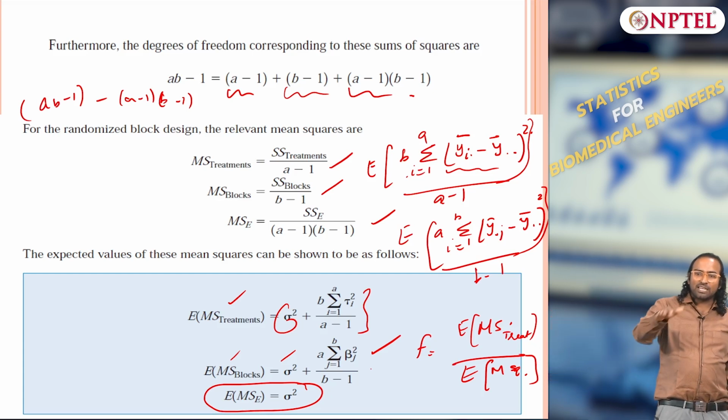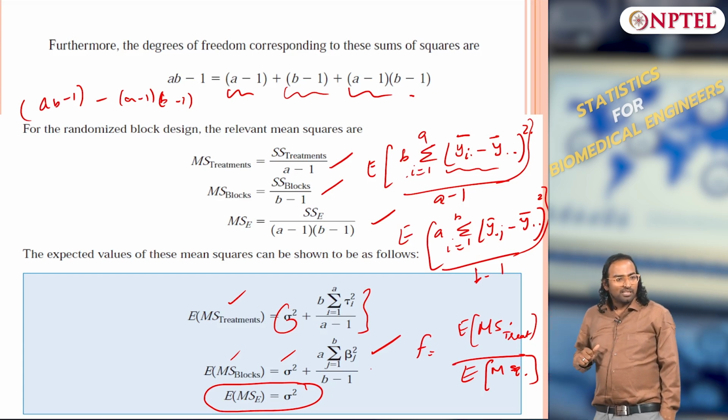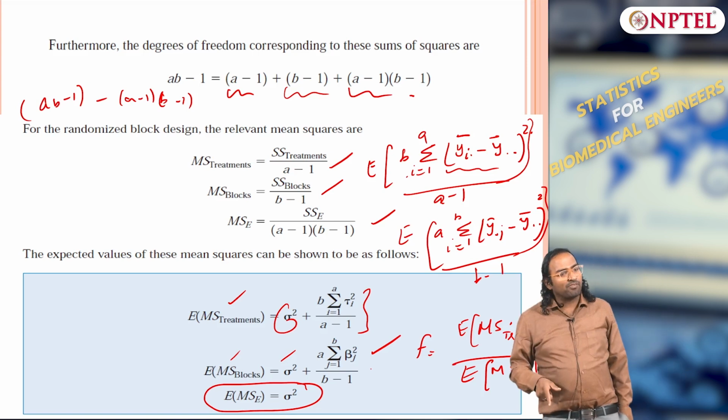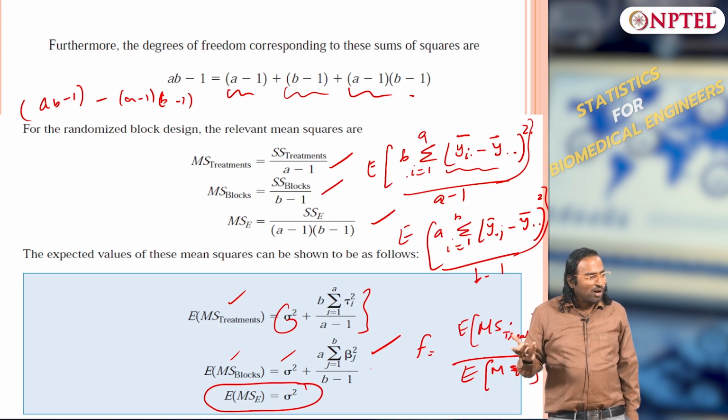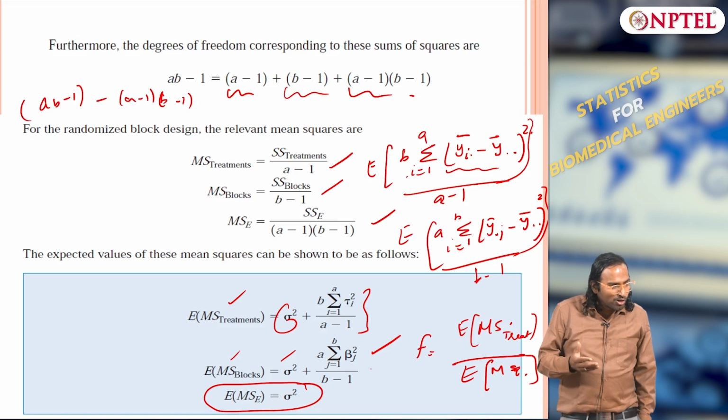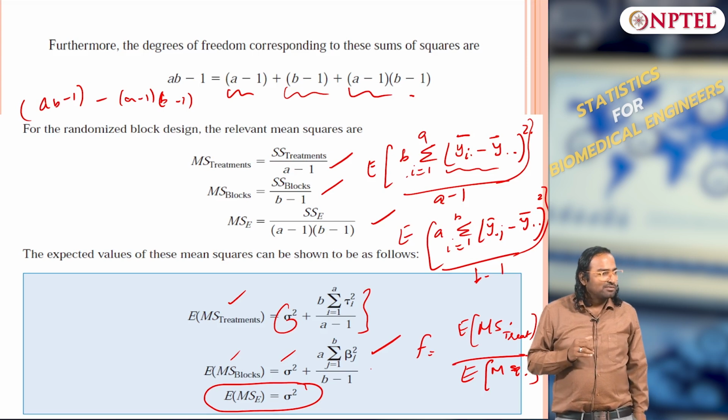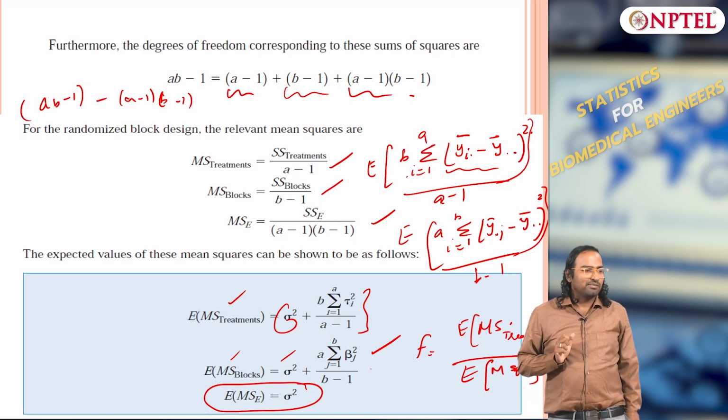Basically your power of the test will go down. If you do not do blocking, your power of the test will go down. What is power of the test? So your type 2 error will go up, because you are not able to reject the null hypothesis even though it is wrong, because your mean square error has gone high.